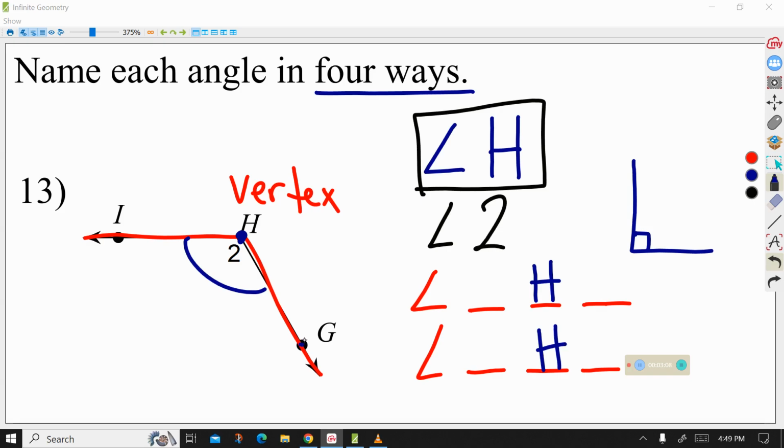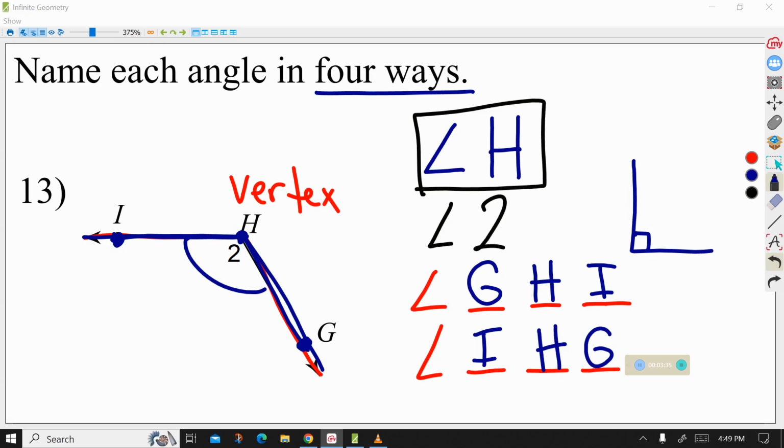So the name of this angle would be GHI. That's the name of that angle. If I went the other way around, it would still describe the same angle. So if I call this IHG, we still have the same angle. So those are 2 different names for the same angle.